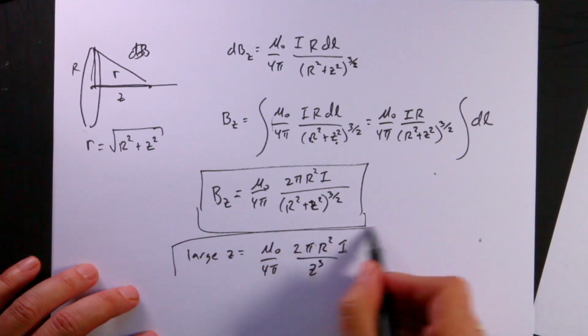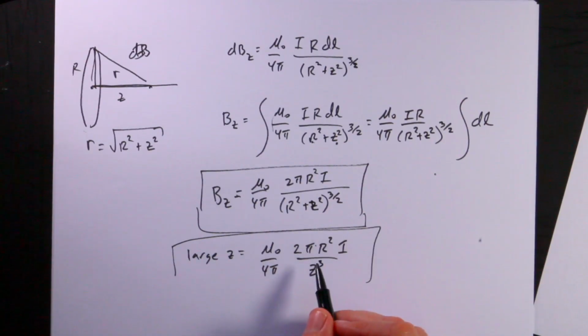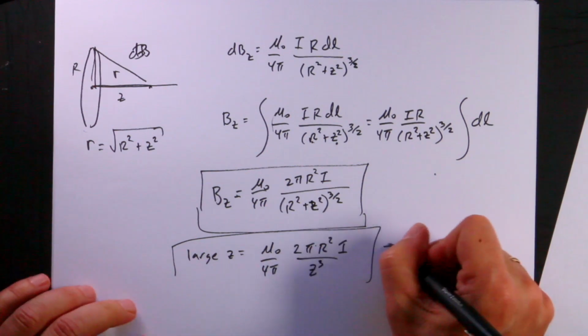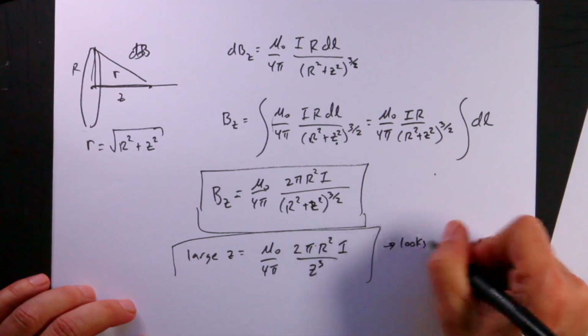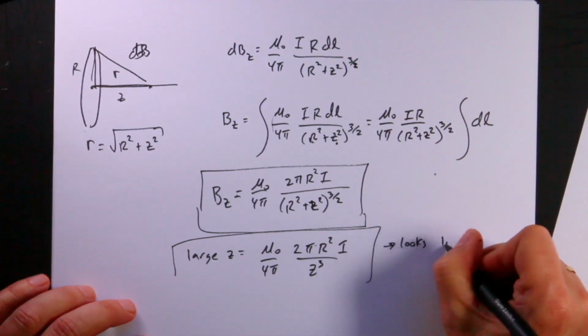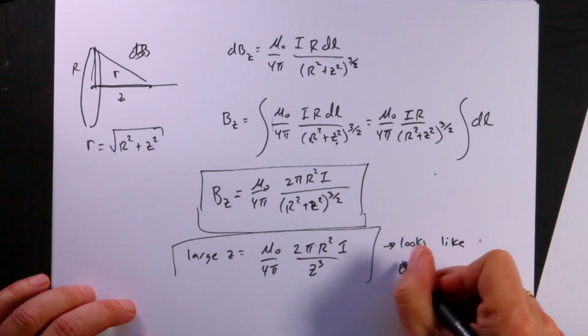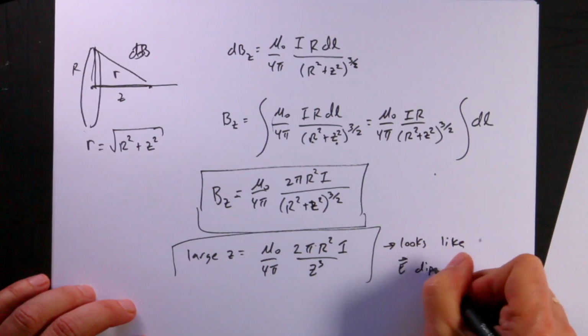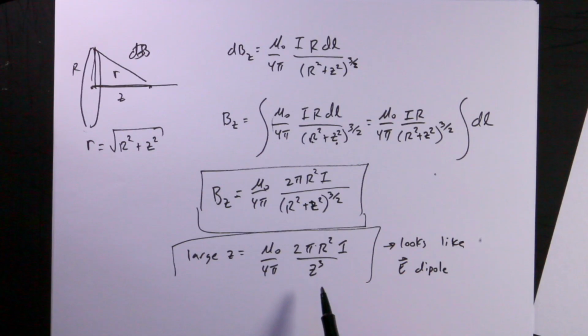This is important because once you have a 1 over z cubed term, this looks like the field due to a dipole, because that's 1 over r cubed along the axis of the dipole.